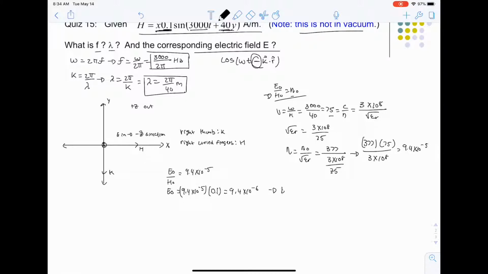So our E field is our direction of E, which is the negative z direction, so negative z hat, times our magnitude, which is 9.4 times 10 to the negative 6, times sine, because that's what we were originally given, omega t plus 40y. And since it's the E field, it's going to be volts per meter.